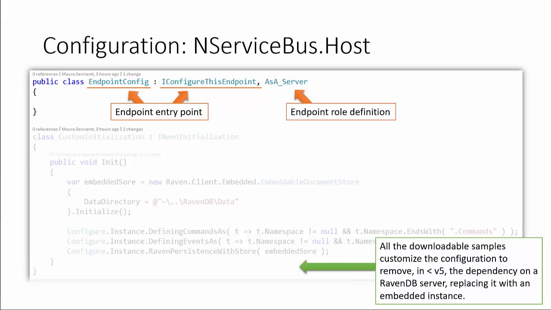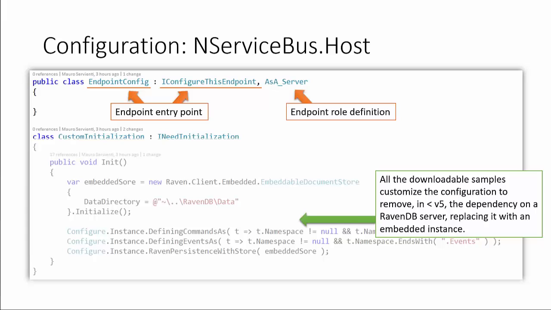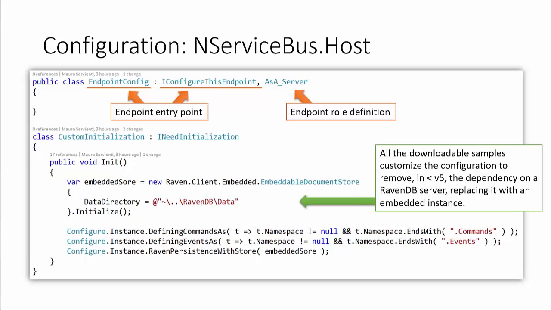In all the samples that will be available for download, I customize the persistent storage in order to be able to run the sample without requiring any RavenDB server. This is required only to allow you to run the sample without installing and running RavenDB.